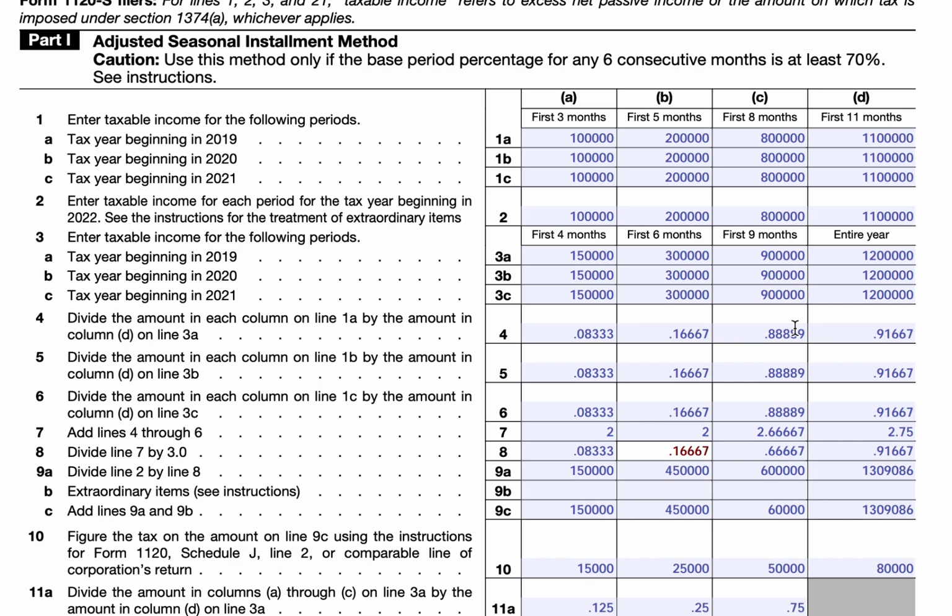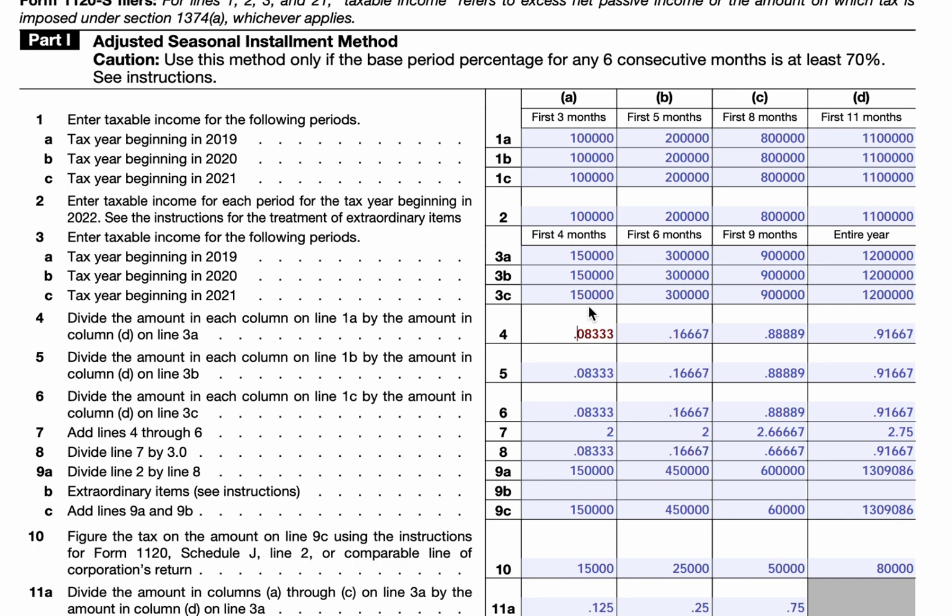And then for this one, all of these numbers are the same, so I'm applying them down, but my initial mistake was that I divided the amount on line 1A by the amount on... no, that's right.